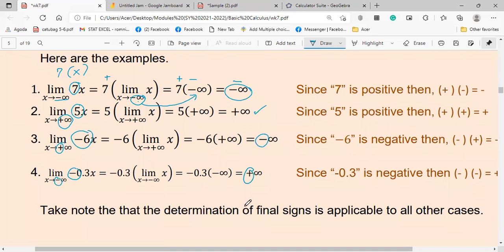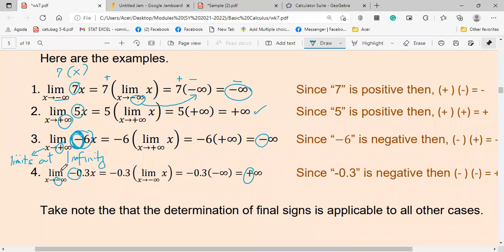So minsan sa madaliang paraan, pansinin mo lang kung ano yung ginagawa ng infinity under limits at infinity. Ito yung ginagawa ng x. Pansinin mo, if that's negative infinity or positive infinity, multiply mo sa kung ano yung sign ng constant. Okay?